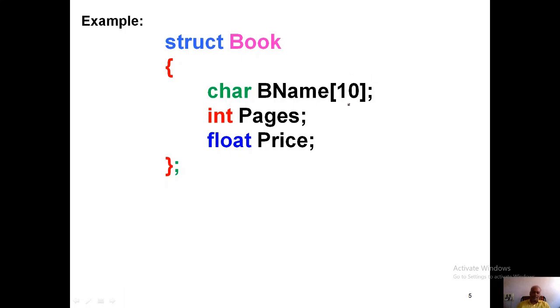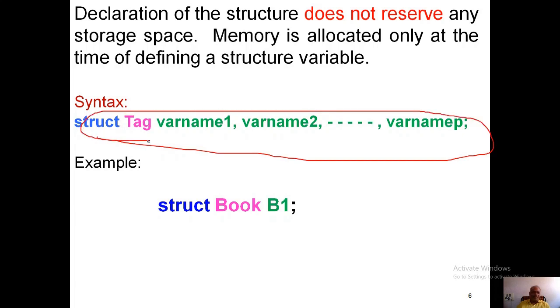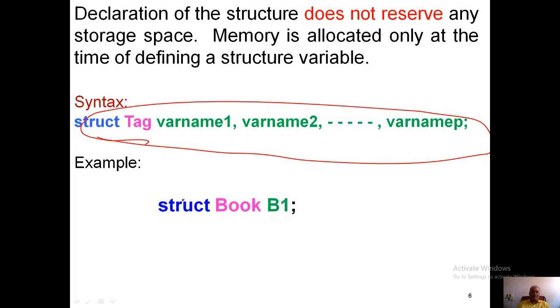So here the general format of the structure can be struct, the tag, or maybe book, whatever it may be. By defining this, it is not occupying any space, but memory is allocated only like this: struct, name of the structure, and it can be defined with one variable known as b1.